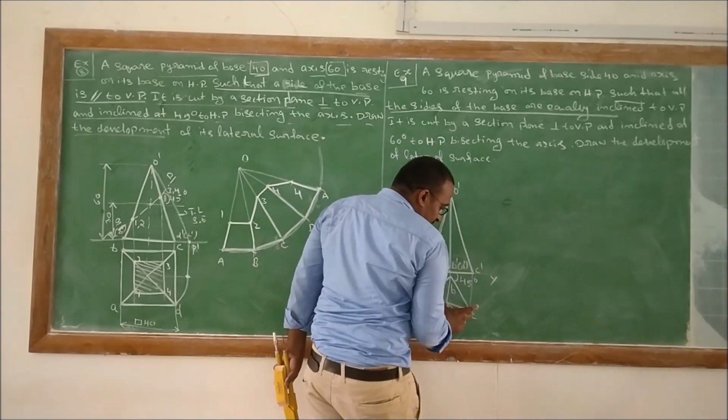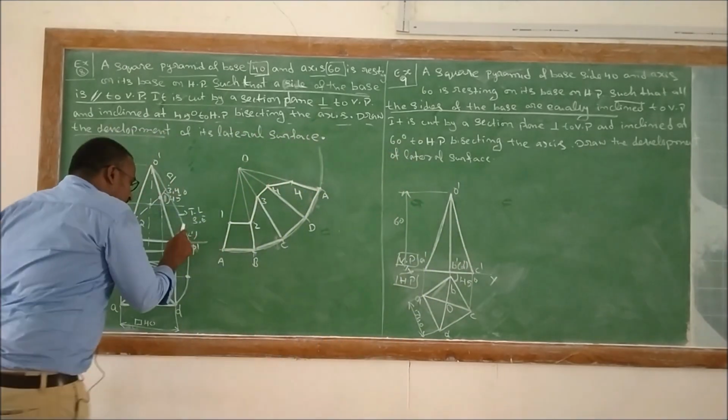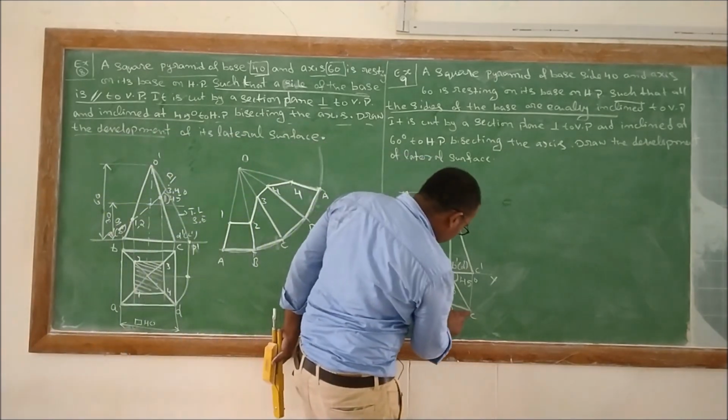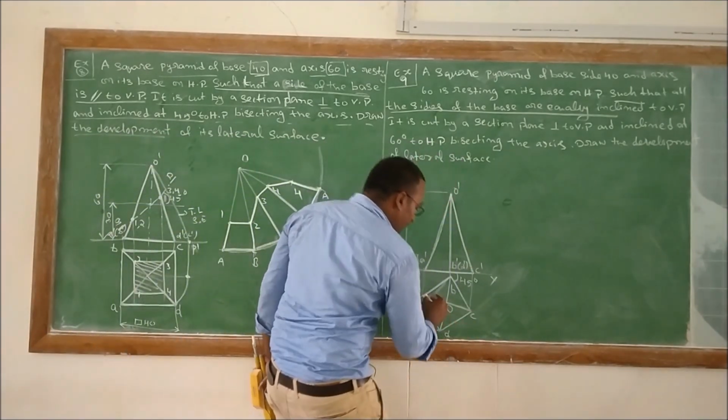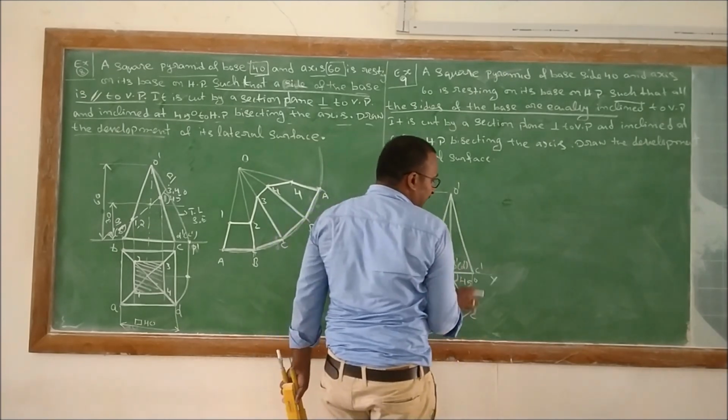Here OC will be the true slant edge. In the previous problem we identified it separately, but here we need not identify it, because the OC line is parallel to the VP.